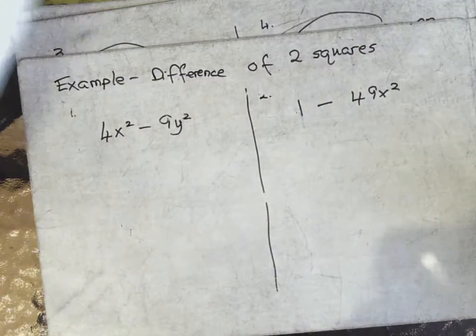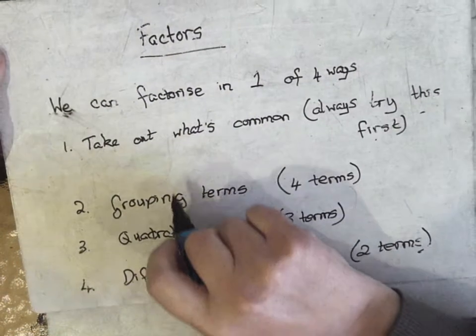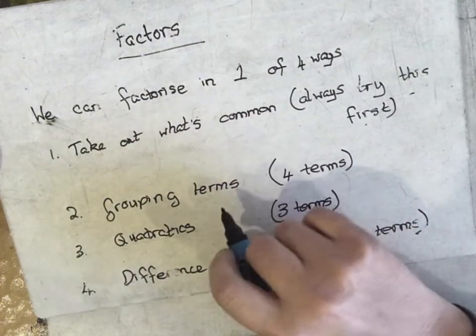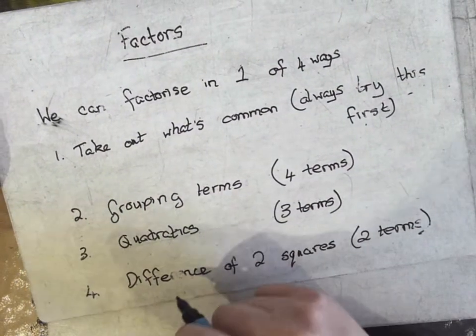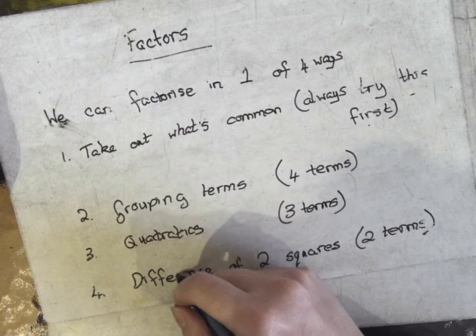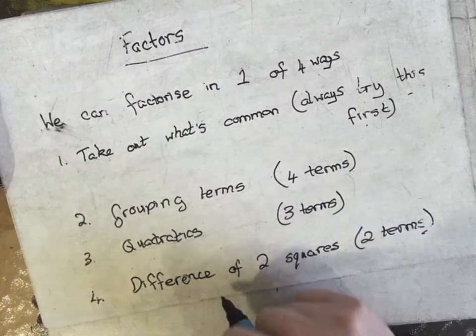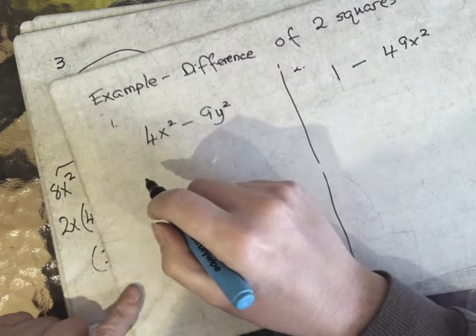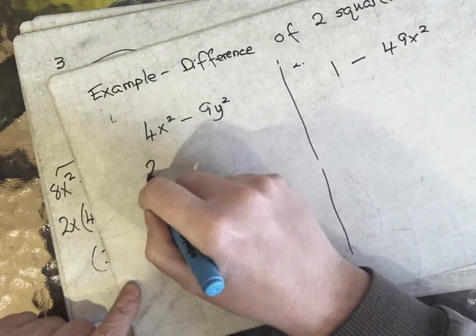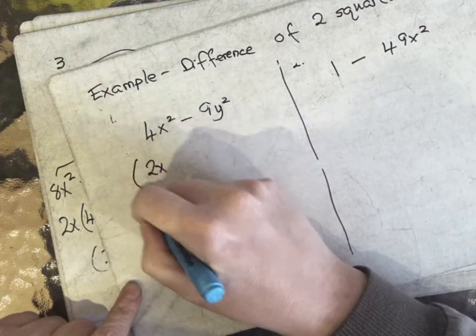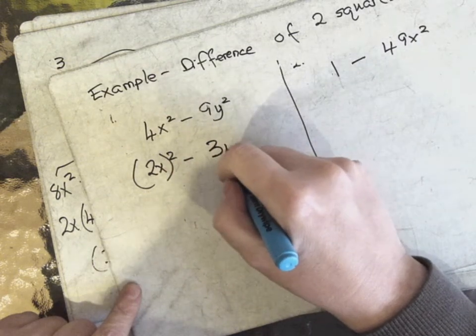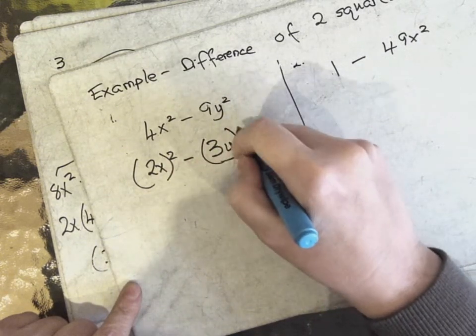So type 4, again, you look at these and you try and take out what's common. There's nothing common, and there's 2 terms, so therefore it must be the difference of 2 squares. So the rule for that is it's something to be squared, take away something to be squared. So it's 2x, all to be squared, take away 3y, all to be squared.